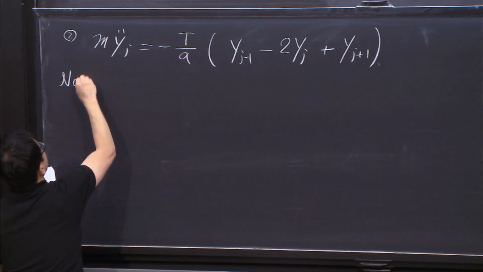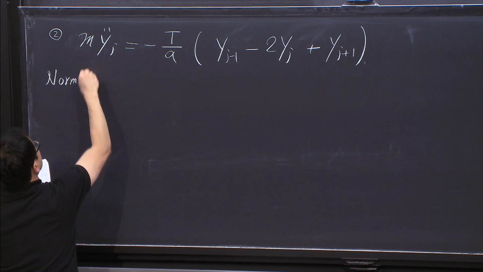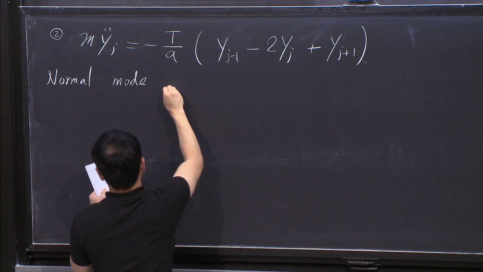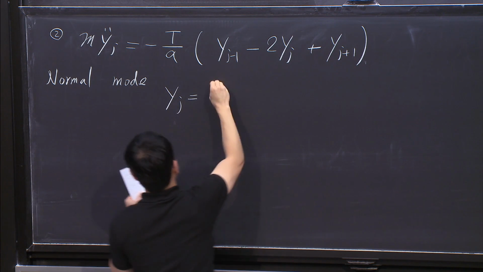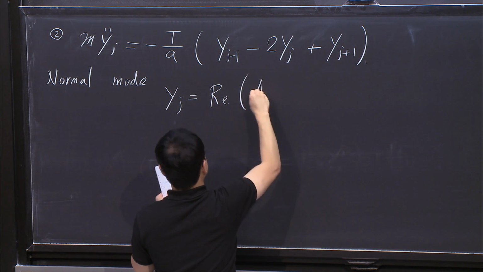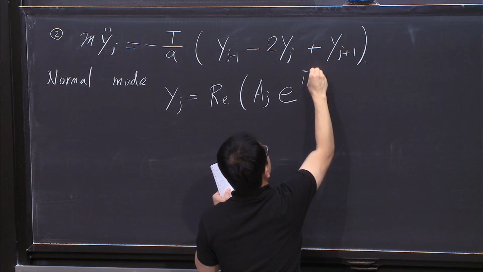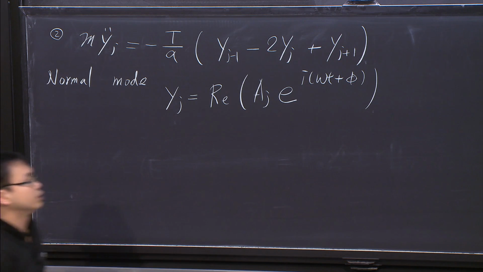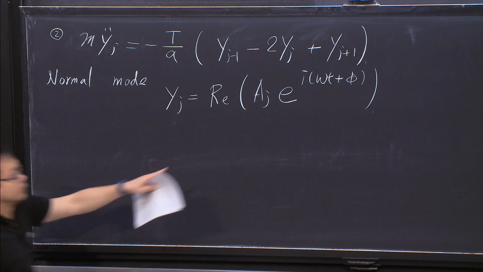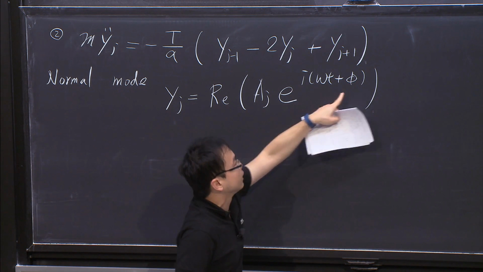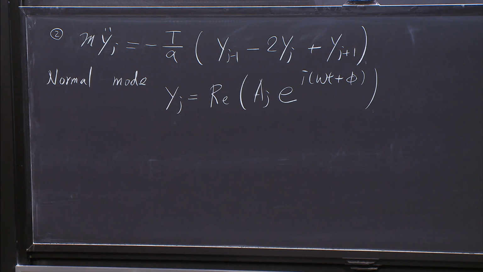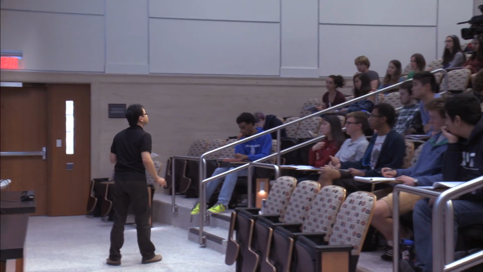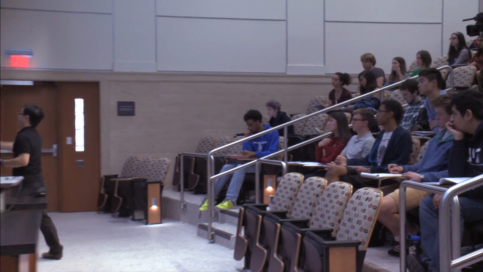Before I do that, I will assume my normal mode has this functional form: yj is equal to the real part of aj exponential i omega t plus phi. So basically, that tells you that all the components are oscillating at the same frequency, omega, at the same phase, phi. Yes?